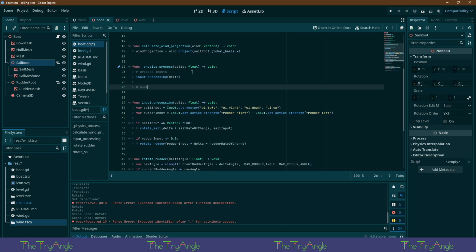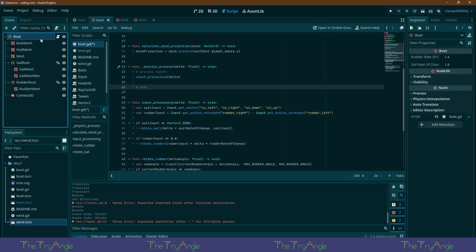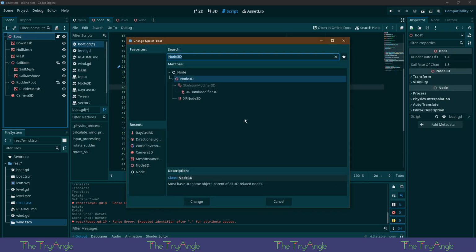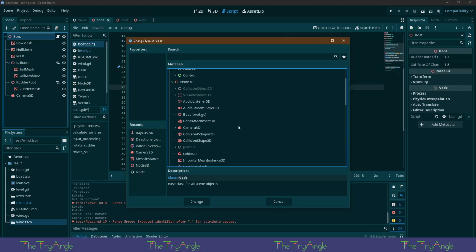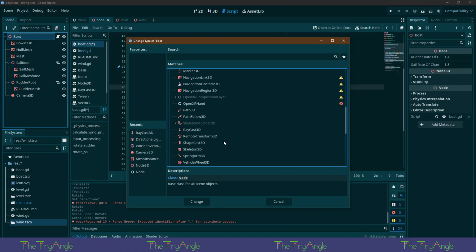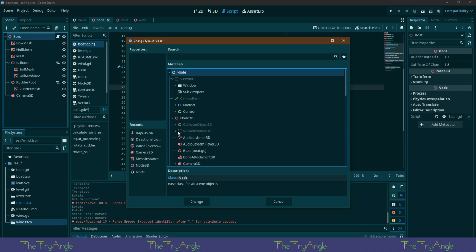So boat. Oh, this has to change types, but that's okay. What type are we going to use? So we need something that moves. Oh, collision. Let's see.